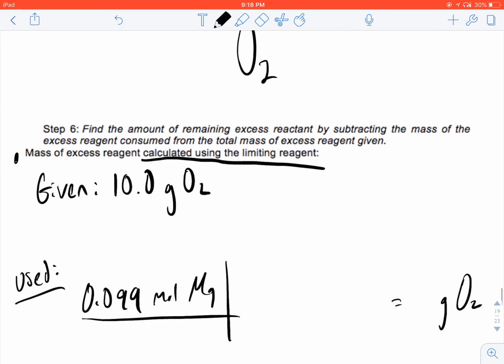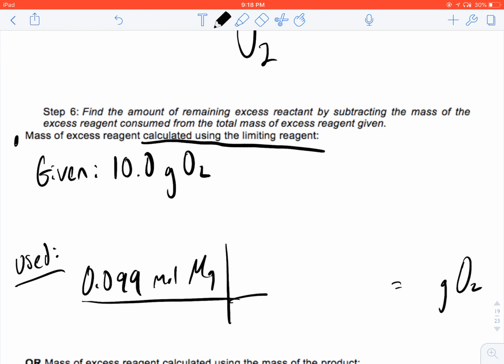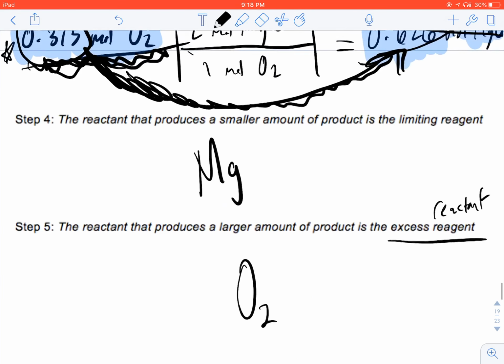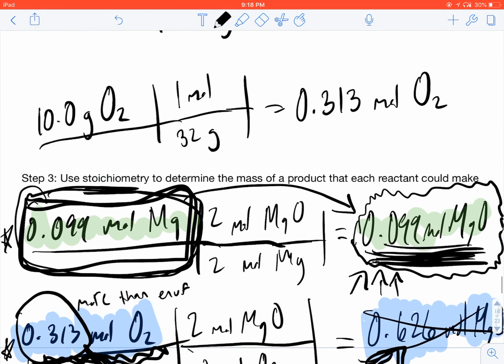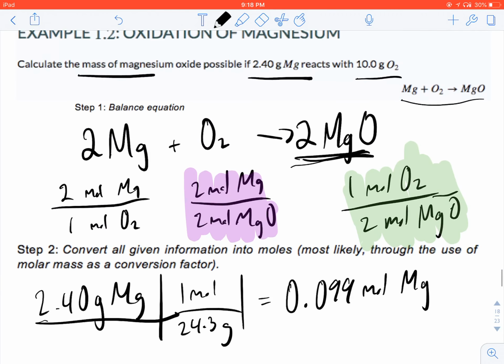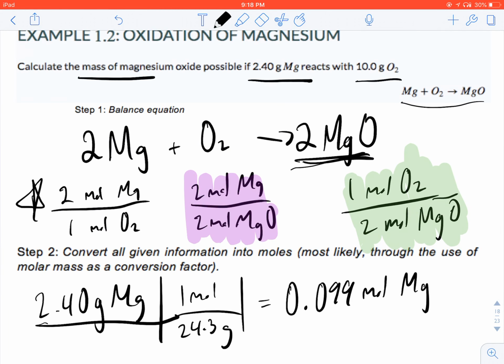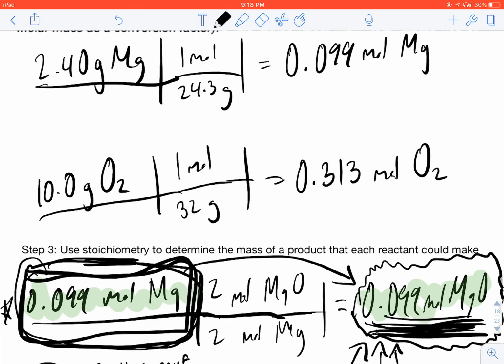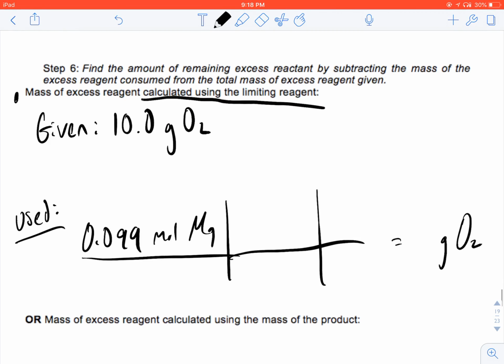So, just like the other problems that we've been working out with, we need to get to moles of O2 first, and then we can get to grams of O2. So, we're going to use this wonderful mole ratio. And we have 1 mole O2 for 2 moles of magnesium.